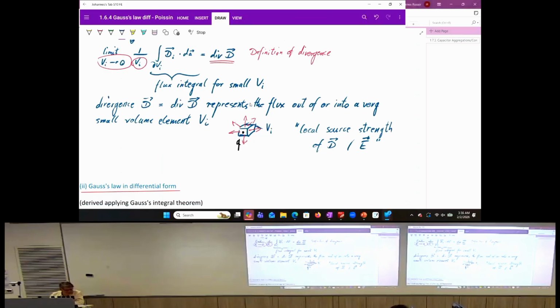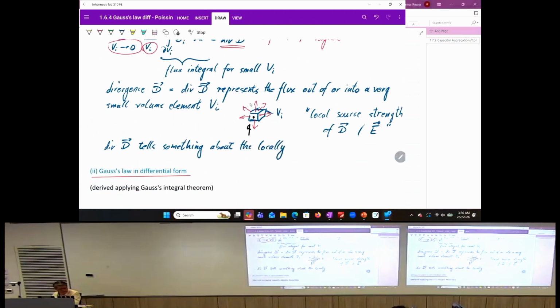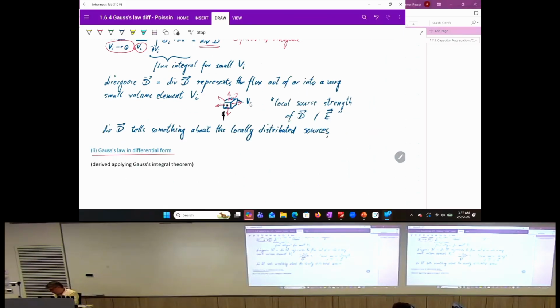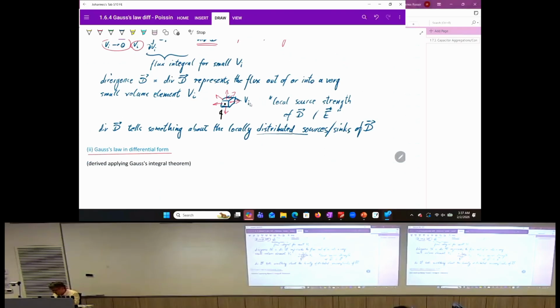A sink is where the field line will end, a source is where it will originate. For us, a source will be a positive charge and a sink will be a negative charge. It tells you something about the locally distributed sources, respectively sinks, of the D field. That means this is given by your space charge density, rho of R.